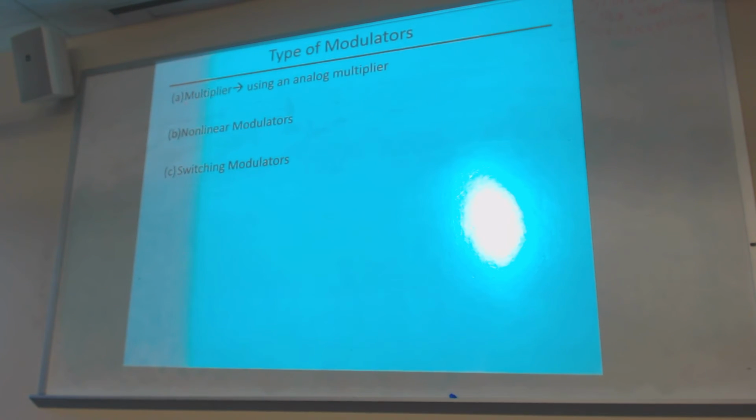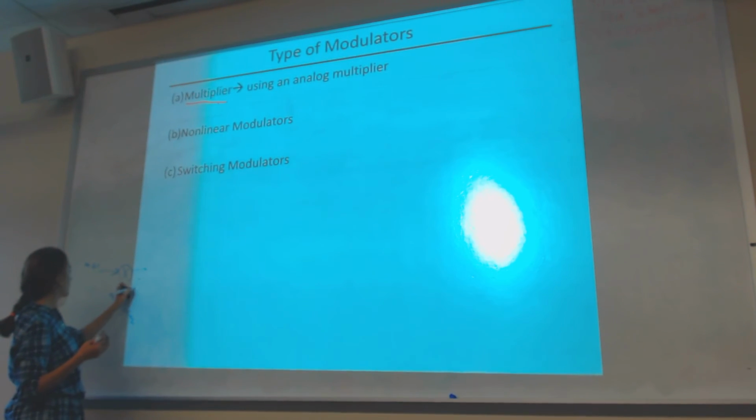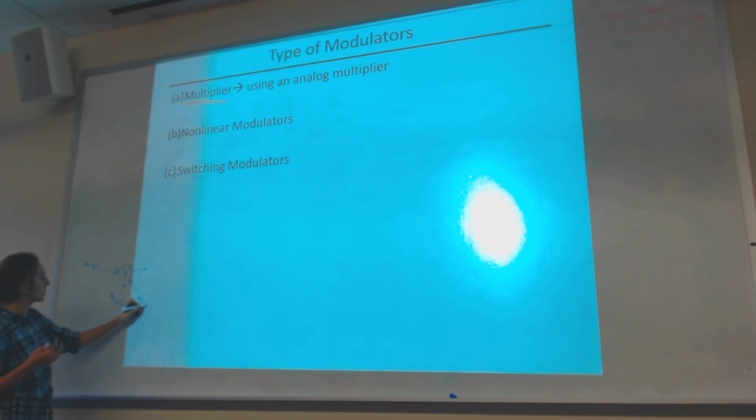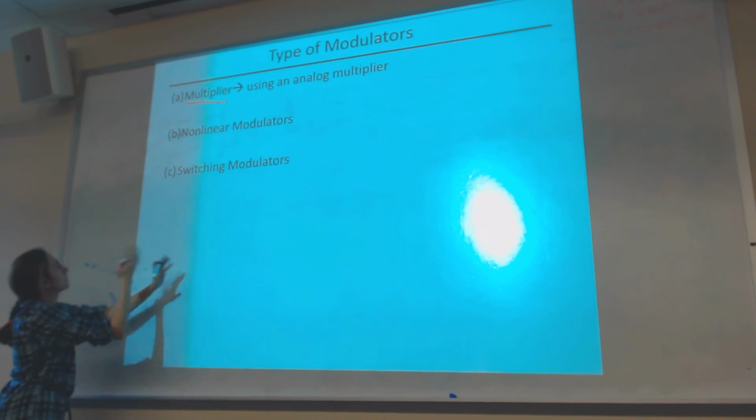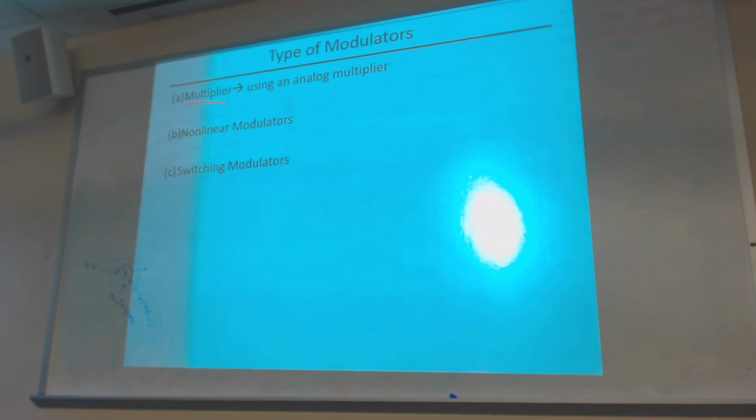So one case, as we saw, is that I have m of t, and I have a circuit which is a multiplier, and I apply cosine to it. There's a very nice multiplier module, you buy it, and then it does the multiplication.